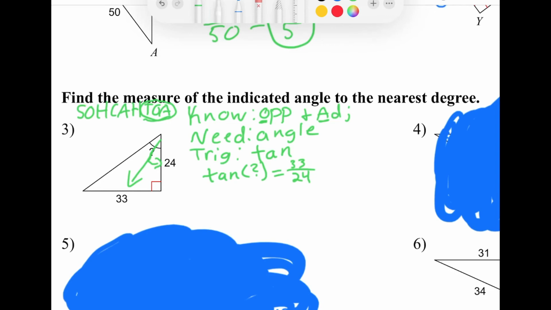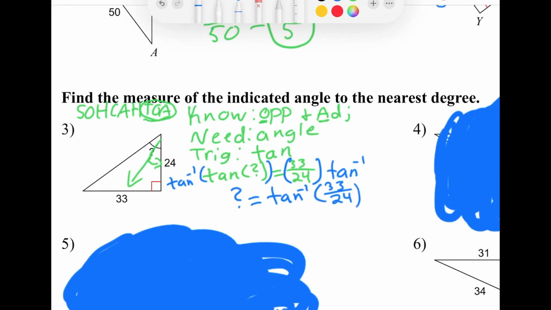So to get rid of tangent, we have to do the inverse of tangent on both sides. So inverse tangent on both sides. Tangents cancel out. We're left with the question mark, or the angle measurement, equals inverse tangent of 33 over 24.